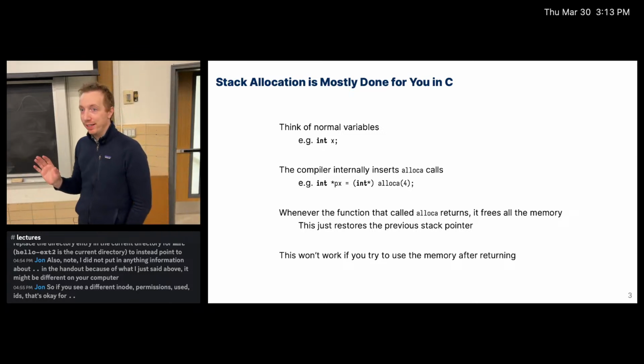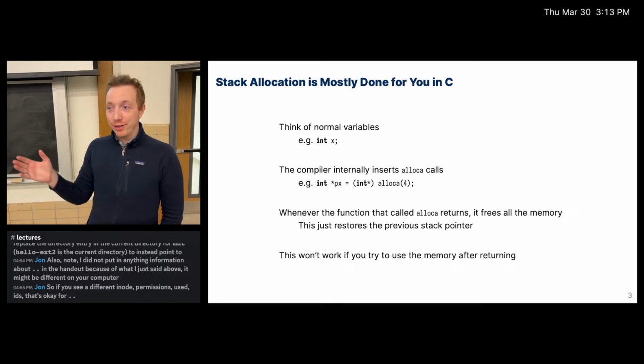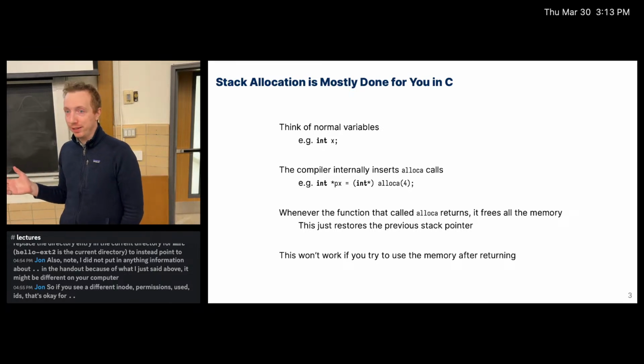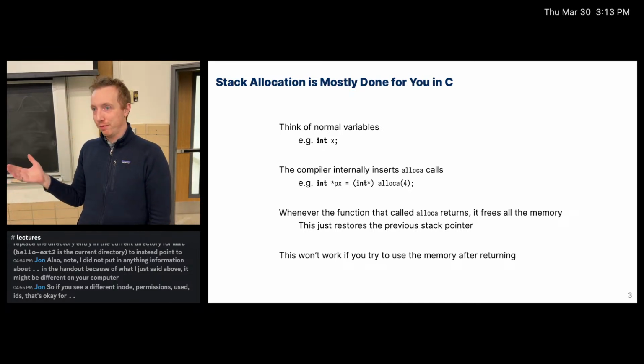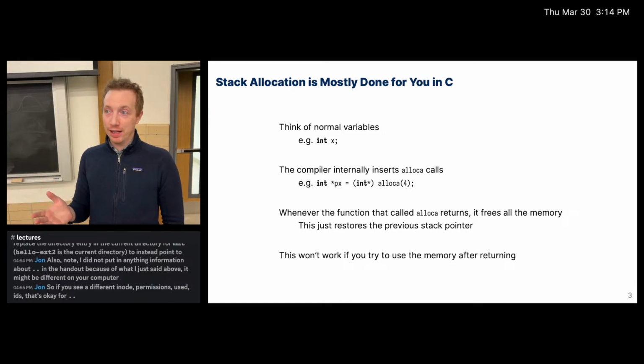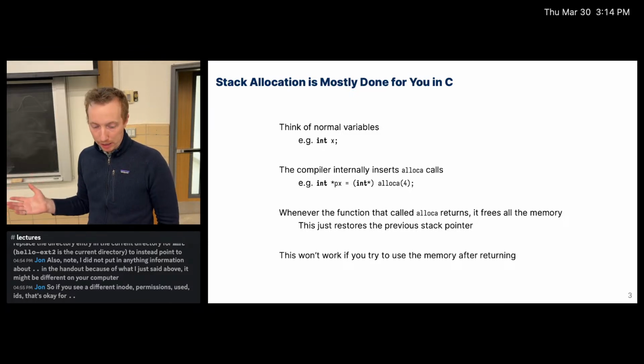We've all used malloc before, hopefully. There's actually a way to ask for memory from the stack, which you've probably never used before because it's done for you. The actual function call to allocate memory on the stack is called alloca, and it's like malloc. You say how many bytes you want, and then it just gives you a pointer back.